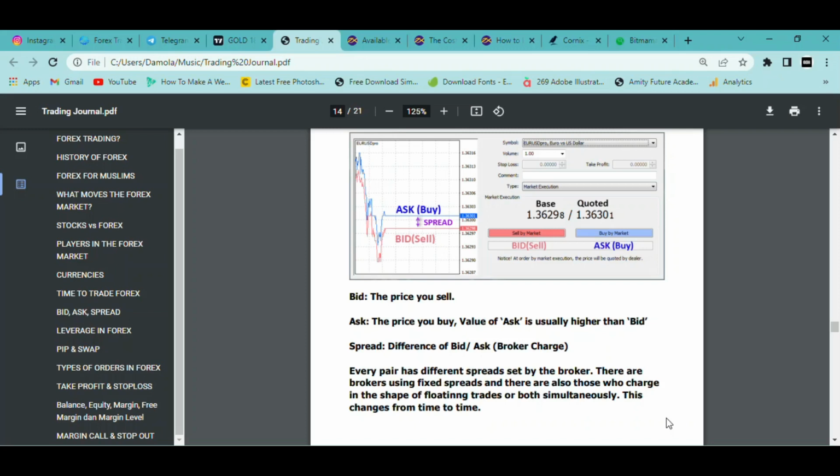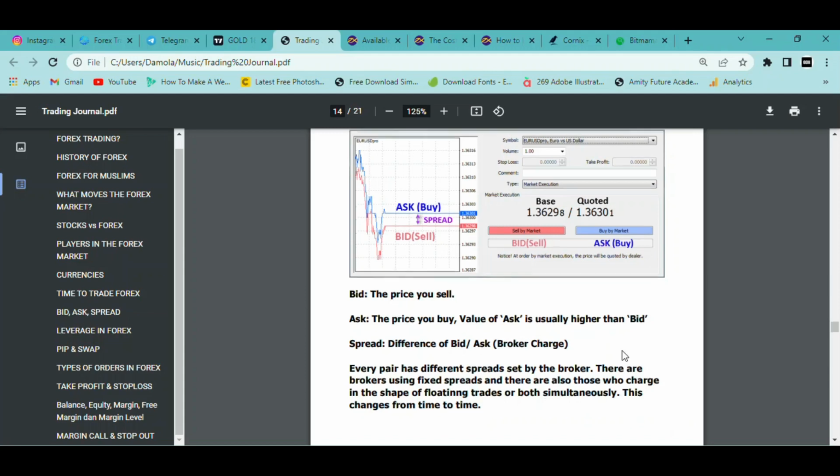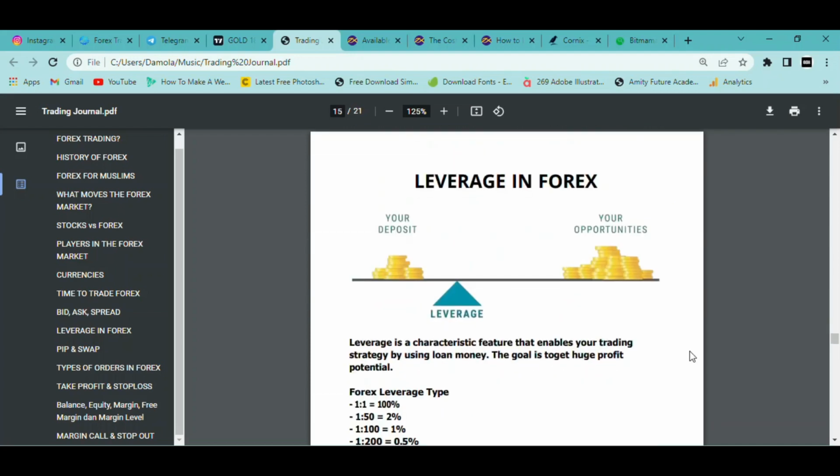We have Octa FX, we have XNES, we have Deriv, we have XM, FXDM, and all of those. I usually prefer XNES. That's why I asked you people to download XNES, because of their fast withdrawal and their tight spread. I'm going to talk about that much later. So that's that about that.